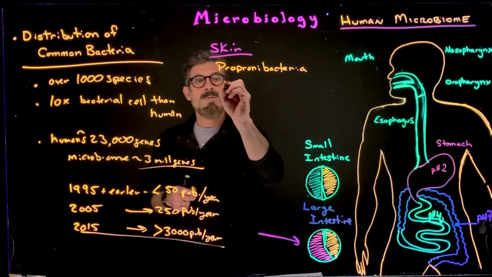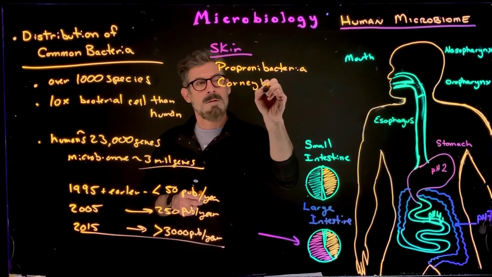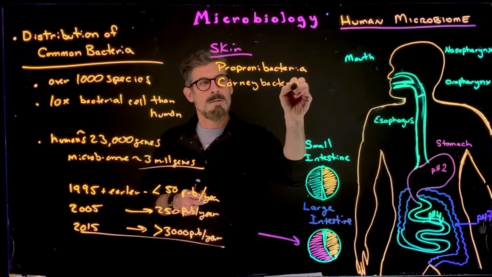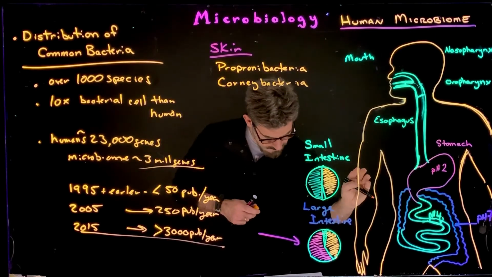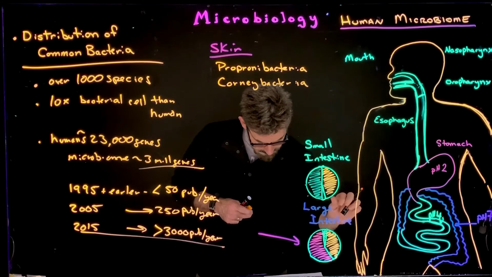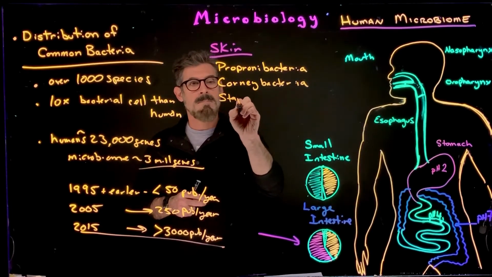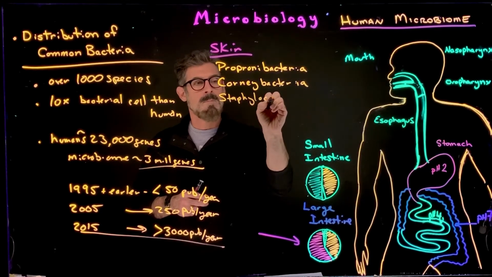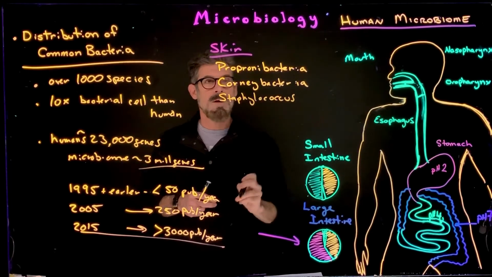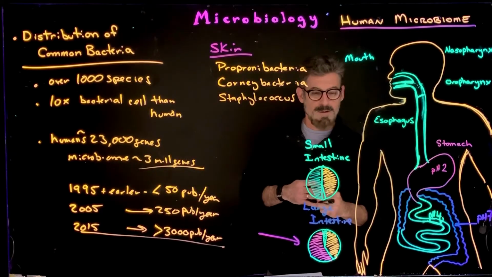We have Corynebacteria, and then we have Staphylococcus. These are the three groups that are the most common on our skin.